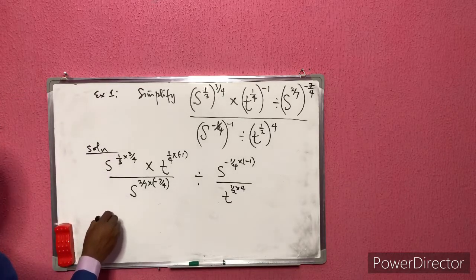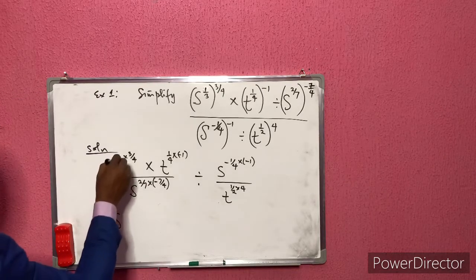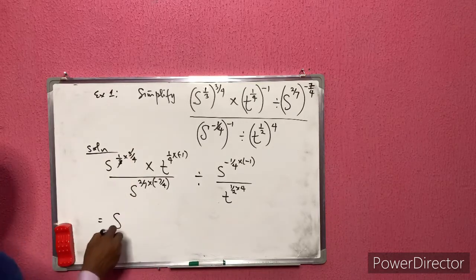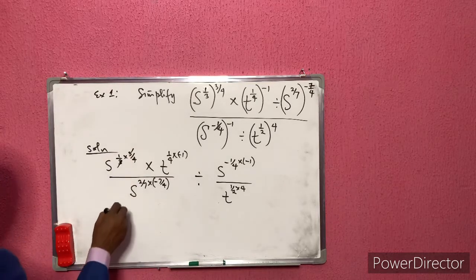We will have x. This by this, 3 cancels 3, 1 over 4 will remain.